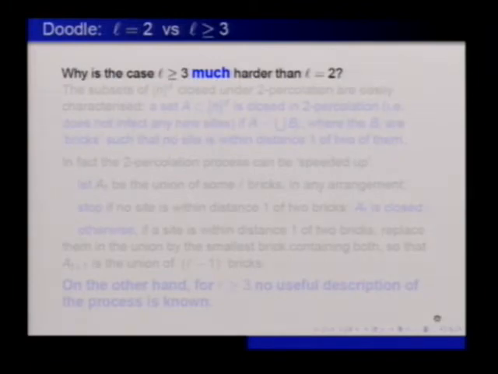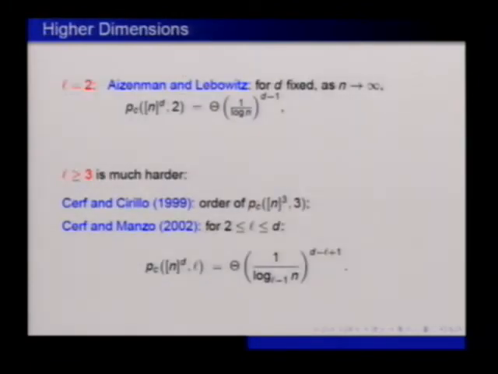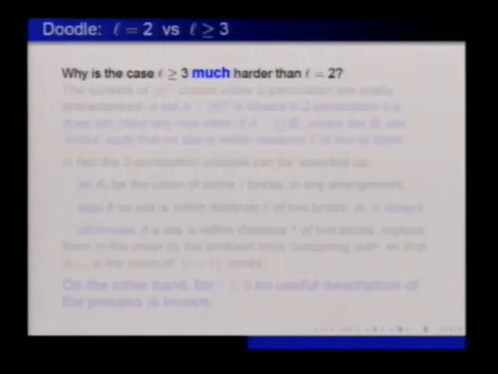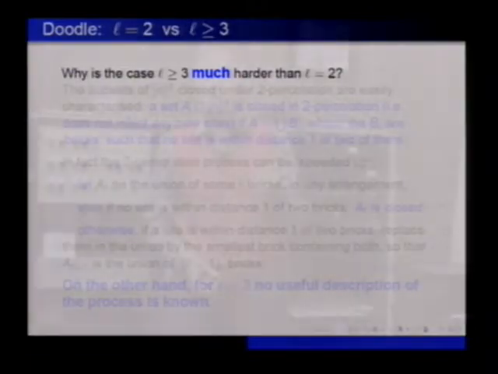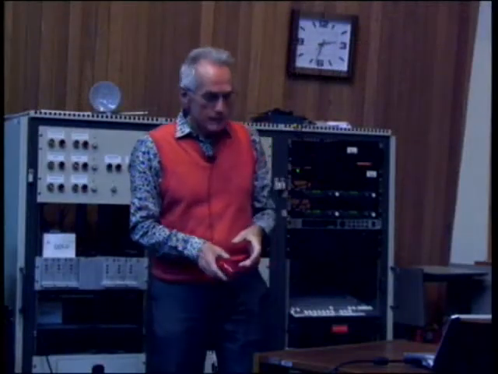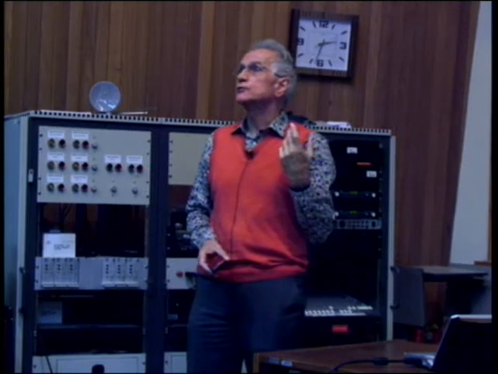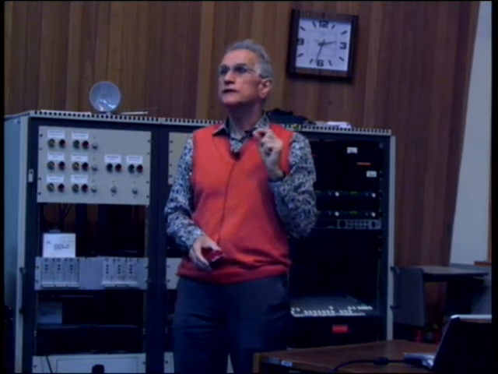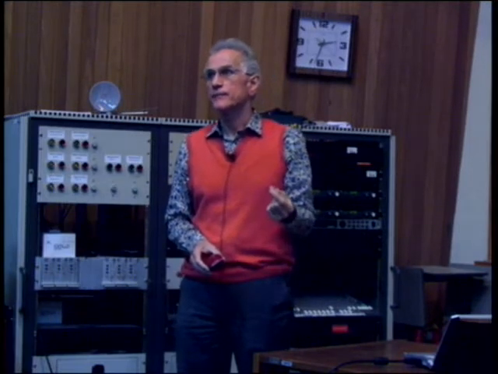Now, why this big difference between 2 and 3? There's an immense difference. Why? There's an extremely good and very simple reason. Because for L equal to 2, we know what closed sets are like. We have an exact description of those sets which do not infect anything else.